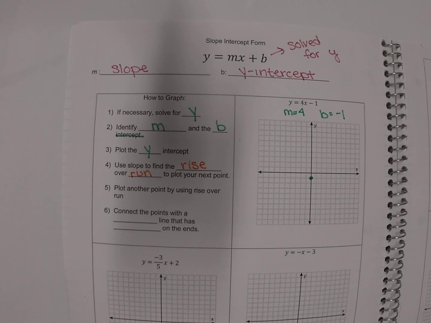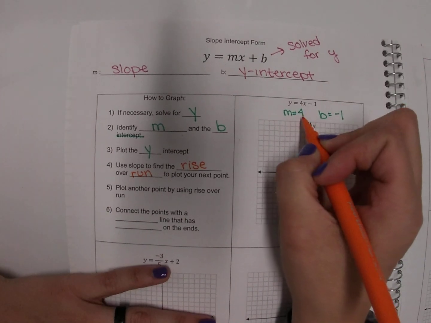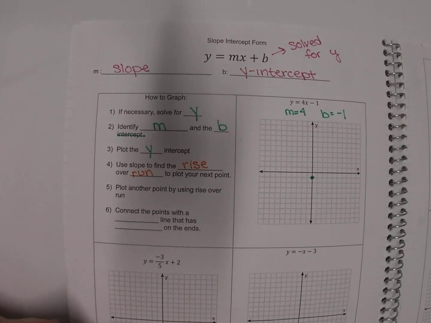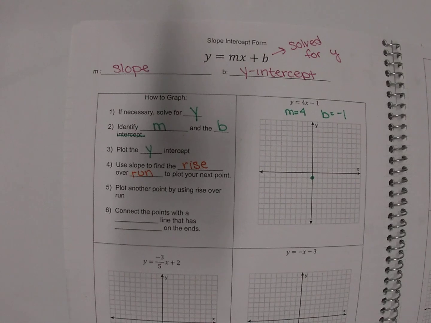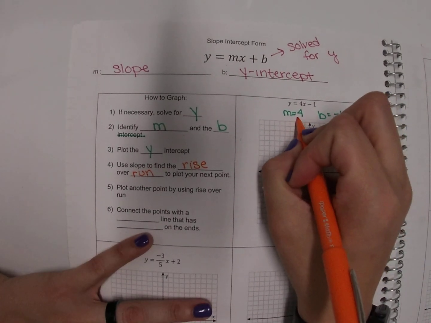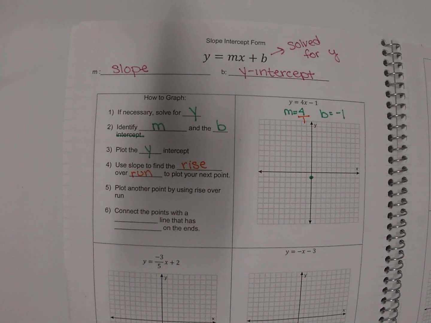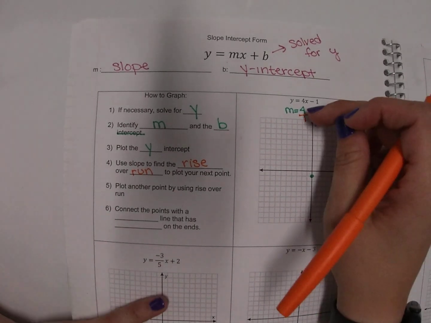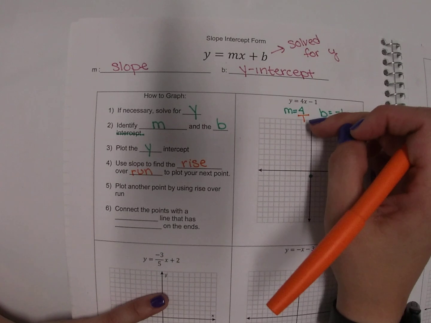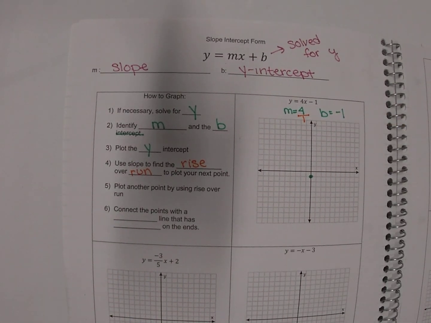Right now, 4 is not a fraction. So how can we write it as a fraction? Well, if we don't see it over a number, we can always just put it over 1. So 4 is going to be our rise and 1 is going to be our run.